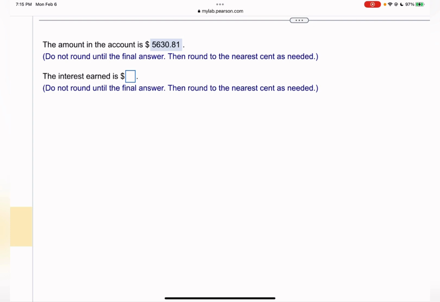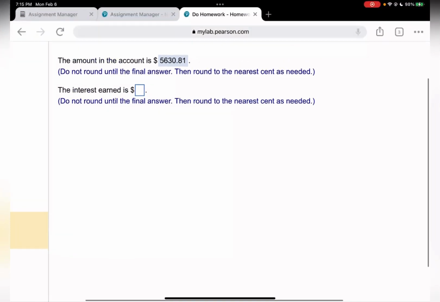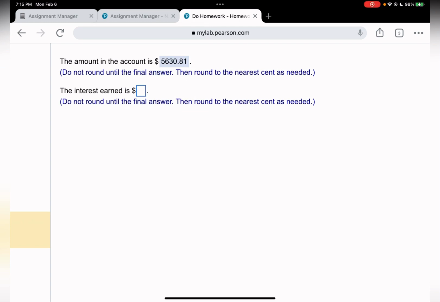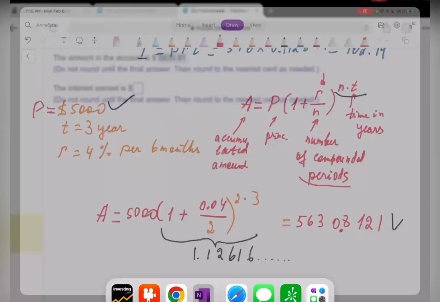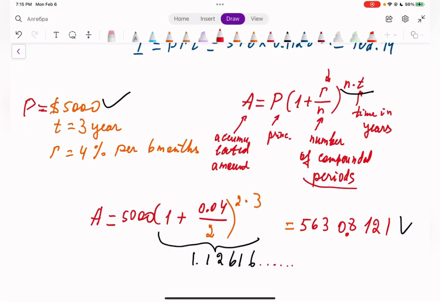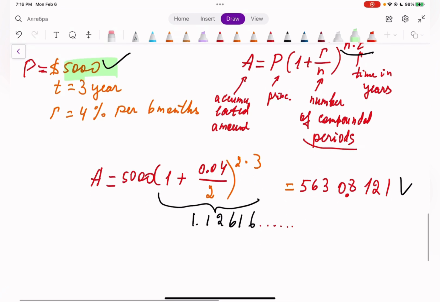And now we need to find interest. How much interest did I make within these 3 years? Look, I invested $5,000 and in 3 years I got $5,630.81. So how much is going to be my interest? What do you think? Subtract from each other, right?